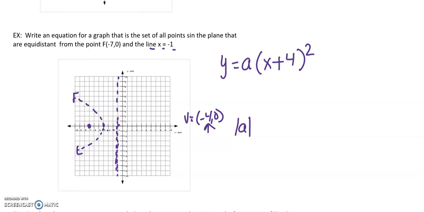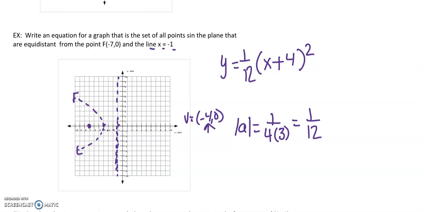So let's figure out our a. Remember, absolute of a is 1/4c. So from the vertex to the focus point is 3 units. So our a term is 1/12. Okay? Now, we determine if it should be positive or negative based on the direction that the parabola is moving.